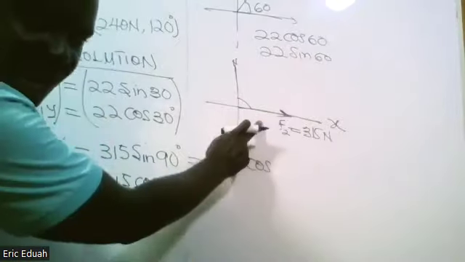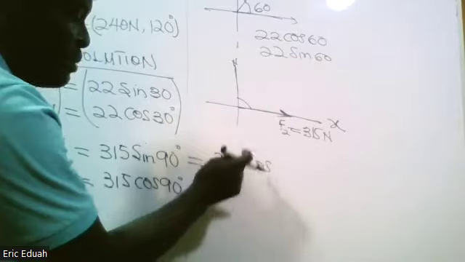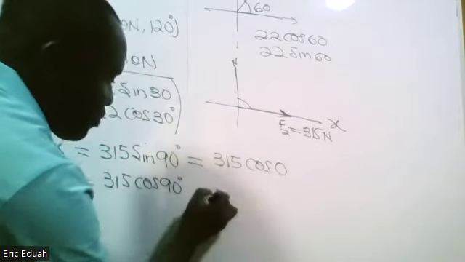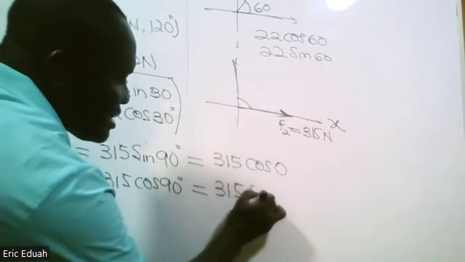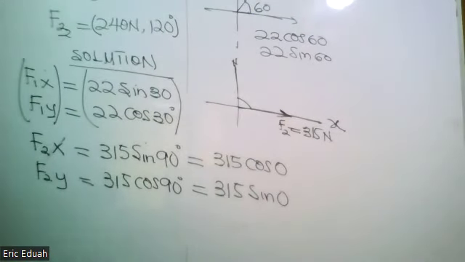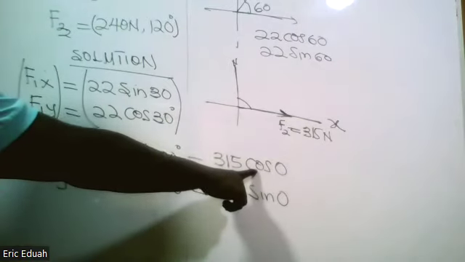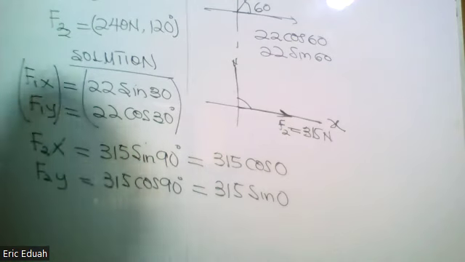Don't forget, if you want to use the angle it makes with the x, then the other must be cos, sine. So cos 0, and this is also 315 sine 0. And you realize that the value will be the same. Cos 0 is 1. Sine 0 is 0.